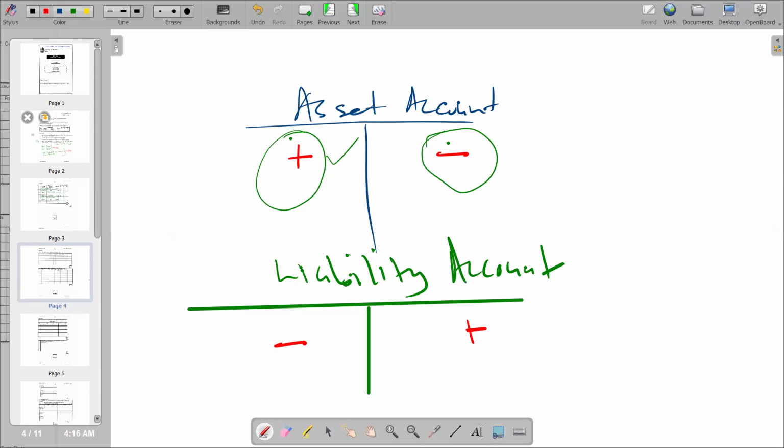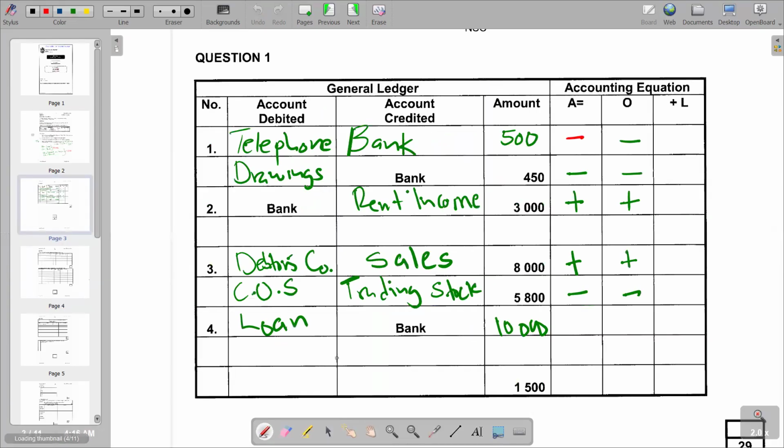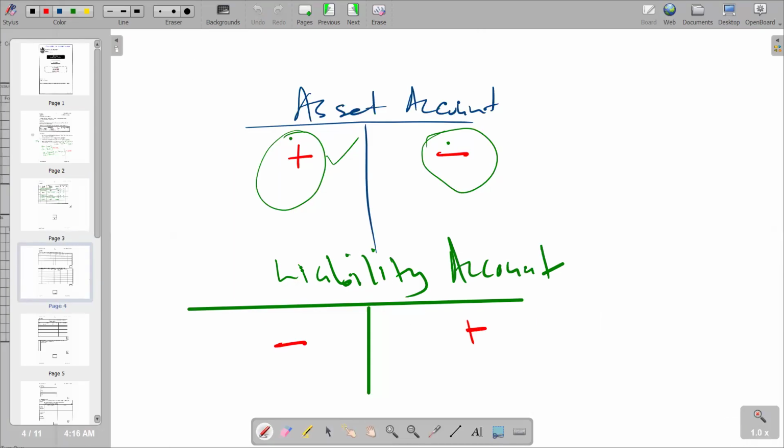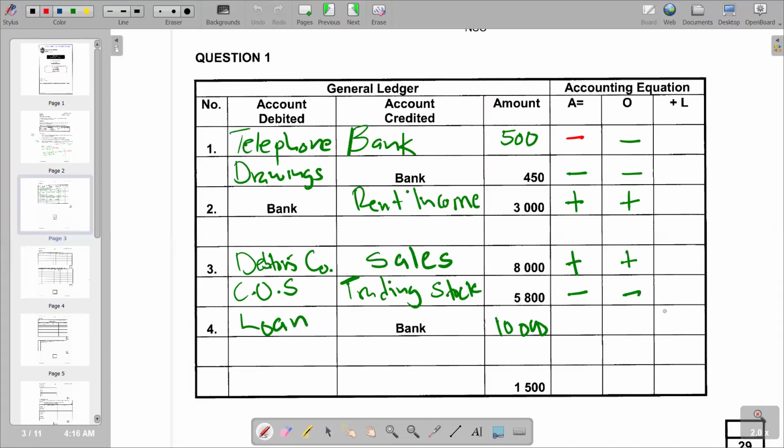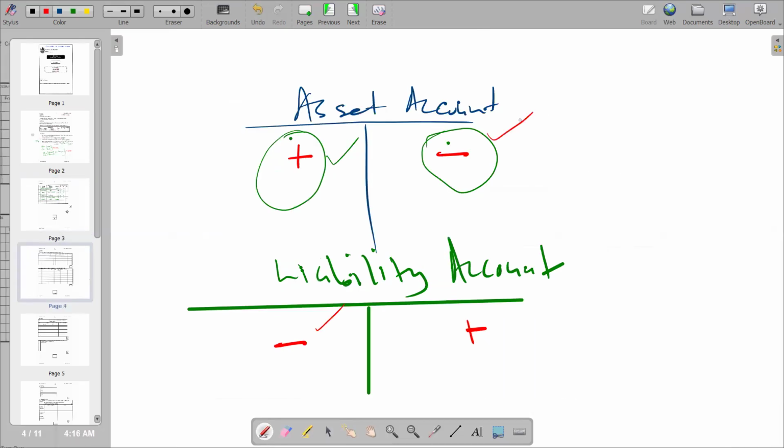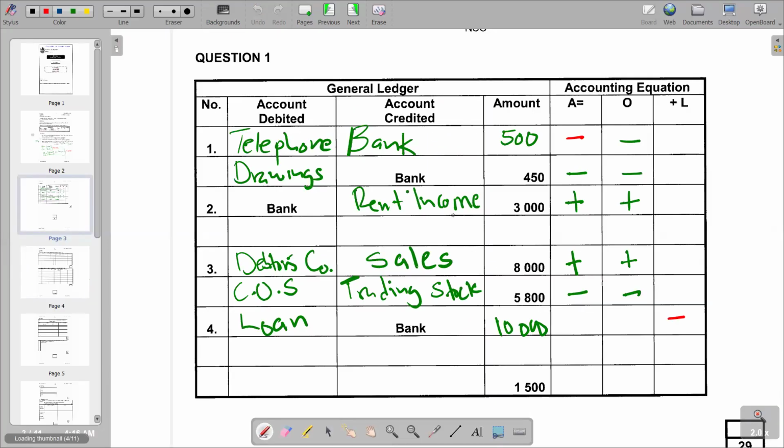So loan as a liability is debited, and debiting a liability is a minus. So we put a minus in the liability column, and then we are crediting bank as an asset, and when crediting bank as an asset, it's a minus again. So we show a minus on the assets. So that's what we get.